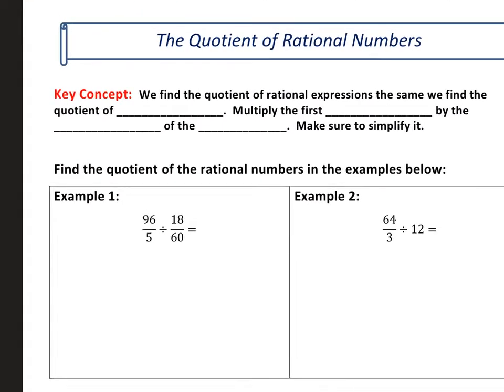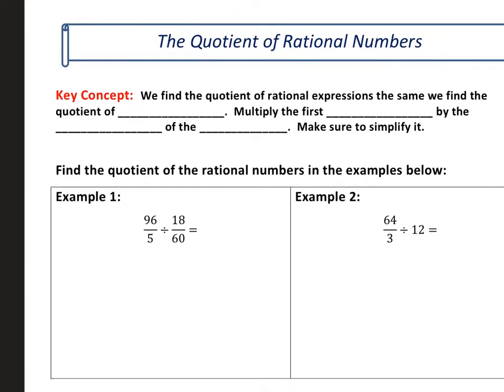The way we do that is basically the same method as we would find the quotient of fractions. And the way we do that is we take that first fraction, which is the dividend, and let me label that here, the dividend.